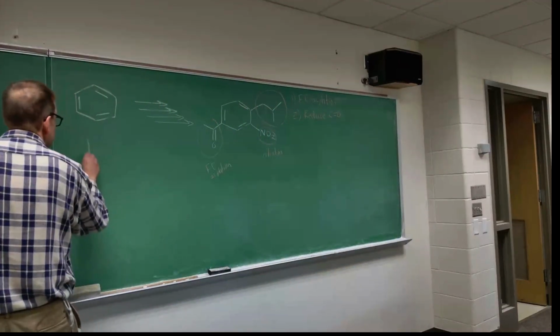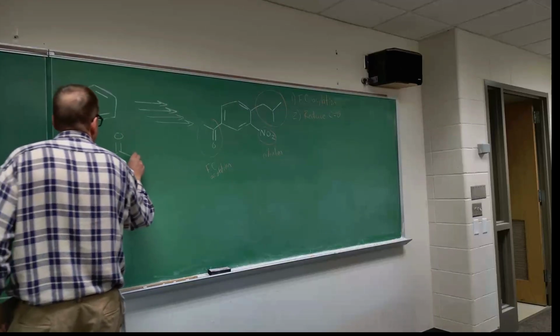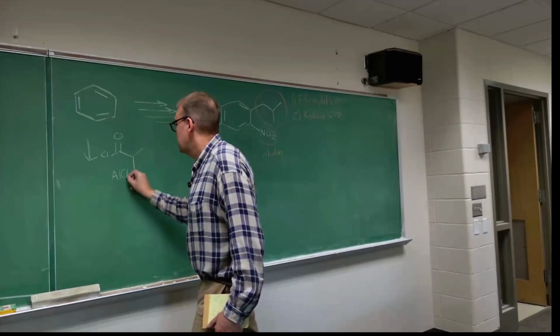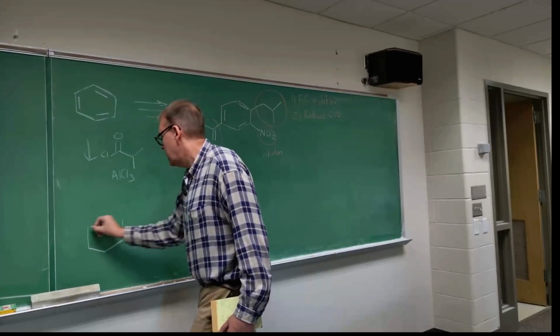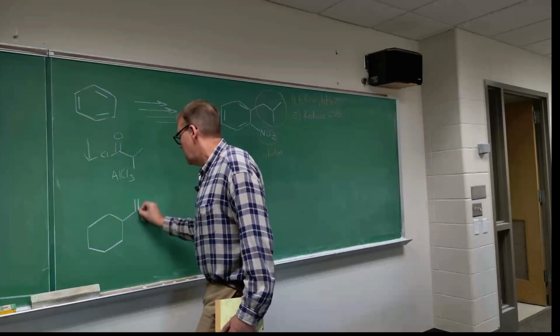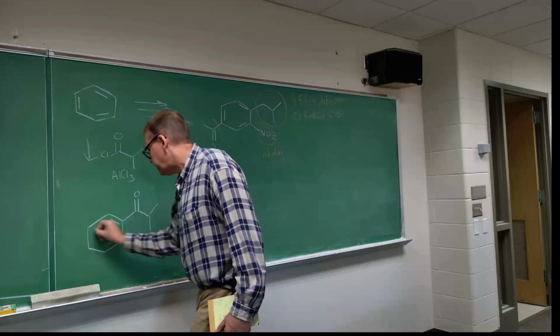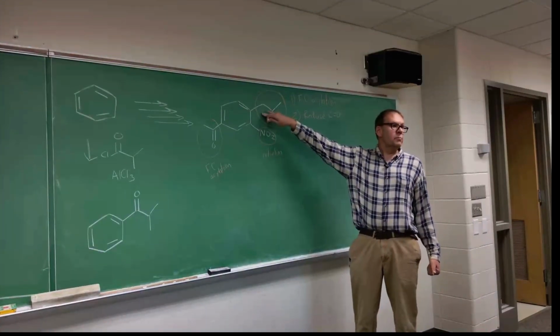So if in the first step you do Friedel-Crafts acylation by using this acid chloride and aluminum chloride as your Lewis acid, you get this species, which has the makings of the substituent in the upper right-hand corner.